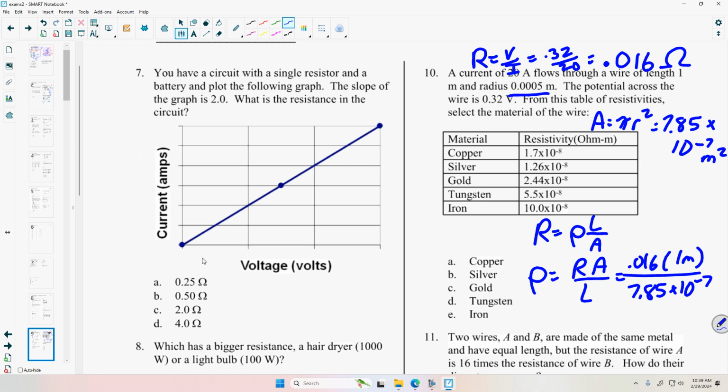Oh, yes. Thank you, Trinity. You're right. Yeah, so the area should go in the top, 7.85 times 10 to the -7. And then this should be 0.016. So I get 4.9 times 10 to the -5.